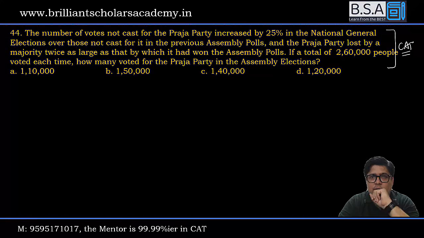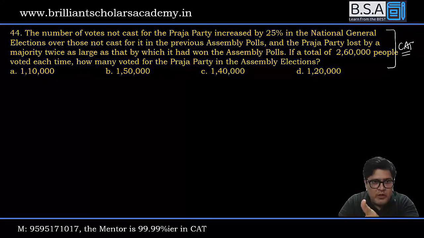Number of votes not cast for Praja Party increased by 25% in national general elections over those not cast for it in previous assembly polls, and the Praja Party lost by a majority twice as large as that by which it had won assembly polls.